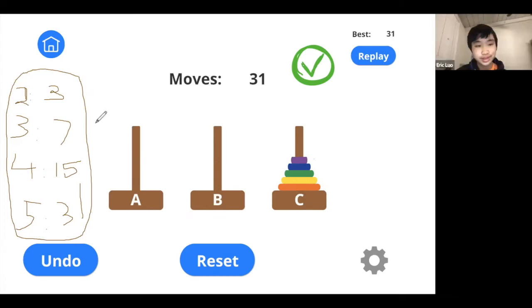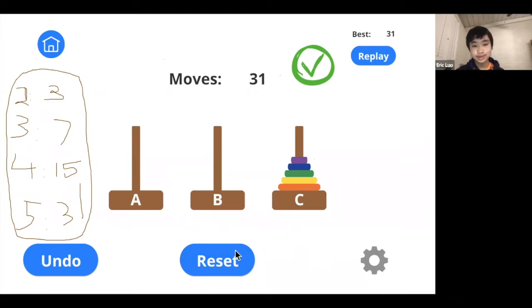Okay. Go ahead, Eric. So you're on the correct idea, but why don't we look at the differences between each of these numbers.